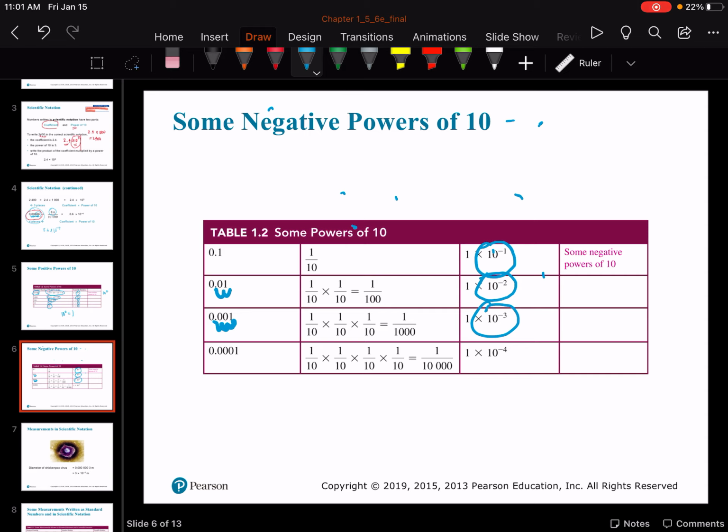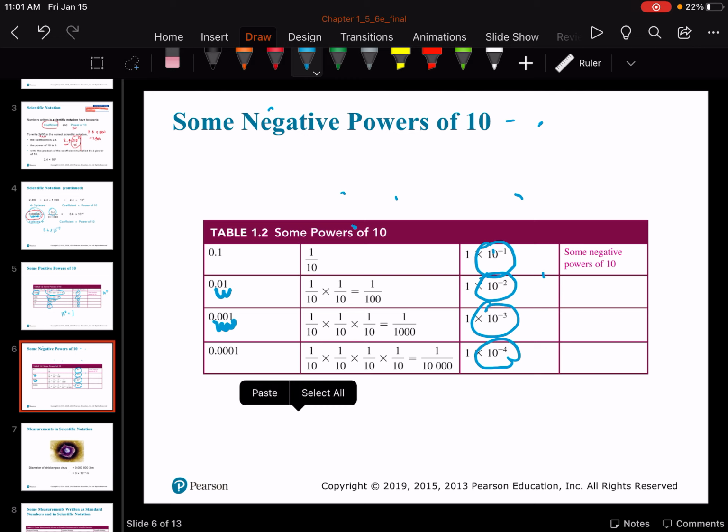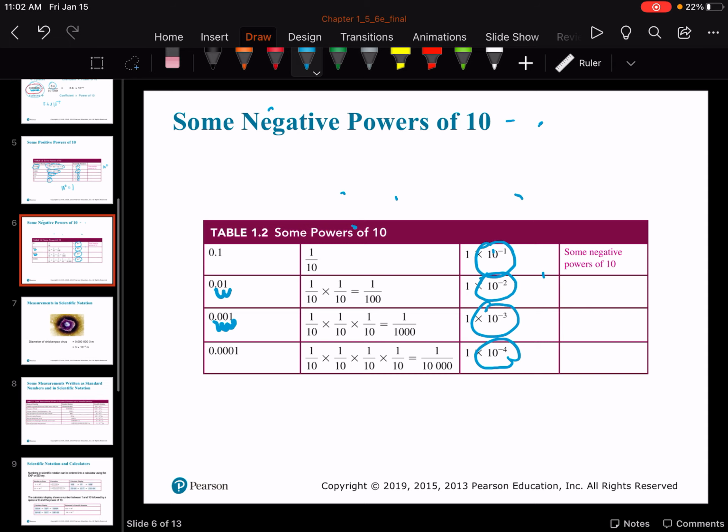Or, can you see that? That's 1/10 4 times, right? 1 times 10 to the minus 4. All right, so these are some examples of powers of 10 or negative powers of 10.